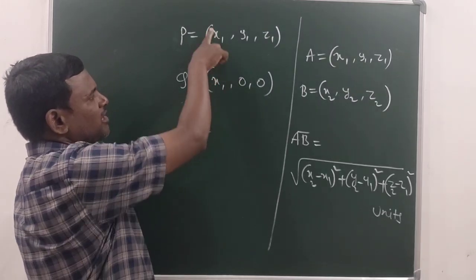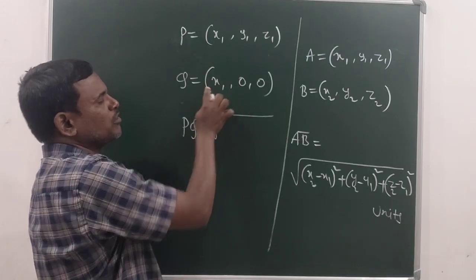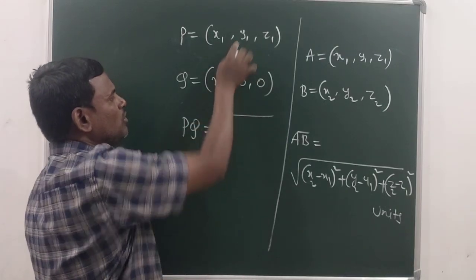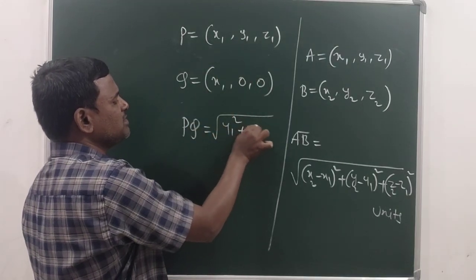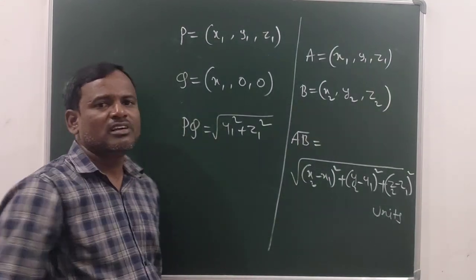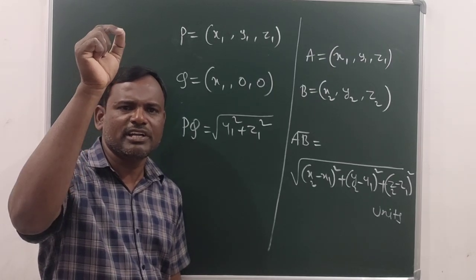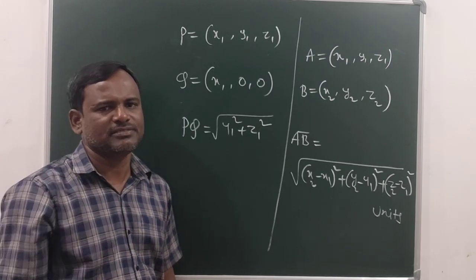Now get the distance between these two. So how much do you get? x1 minus x1 becomes 0, and here root of y1 square plus z1 square units.